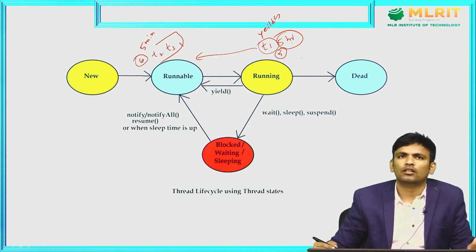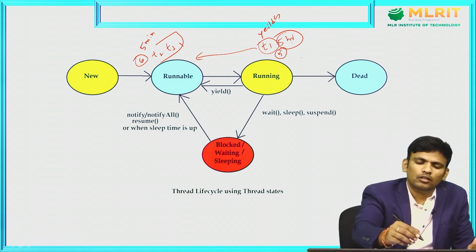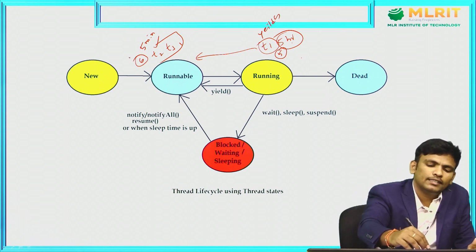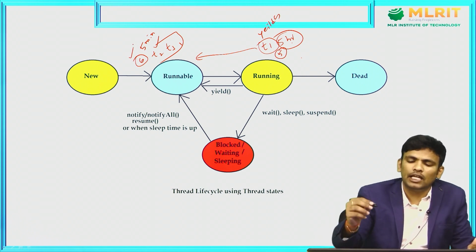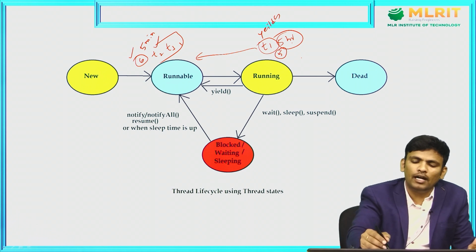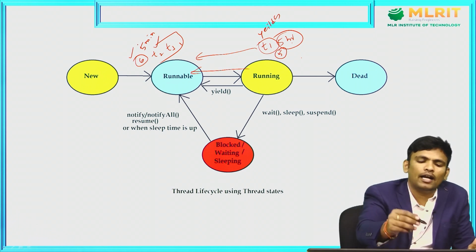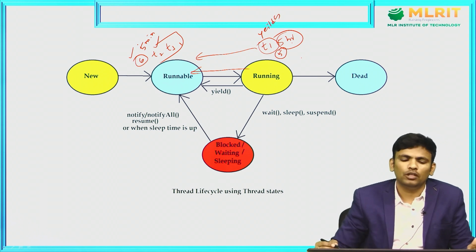Since T2 is waiting with priority 6, T1 will stop its execution, enter the runnable state, and hand over the CPU to T2. Only the highest priority threads will be executed.